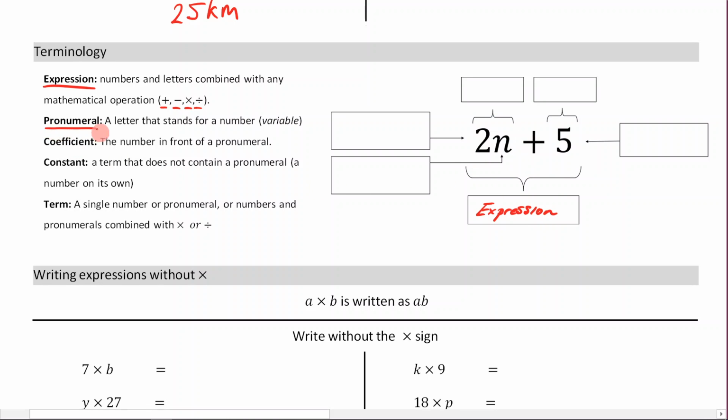Next, pronumeral. A letter that stands for a number, and in brackets it says variable. So in this case, this n here is called a pronumeral. So this is very important. In algebra, we don't call them letters, we call them pronumerals. So get in the habit of calling them pronumerals. Now it also says variable here. Now the reason why we say variable is because the value of this n varies.